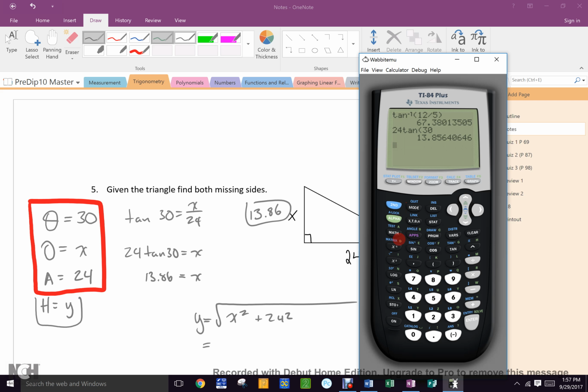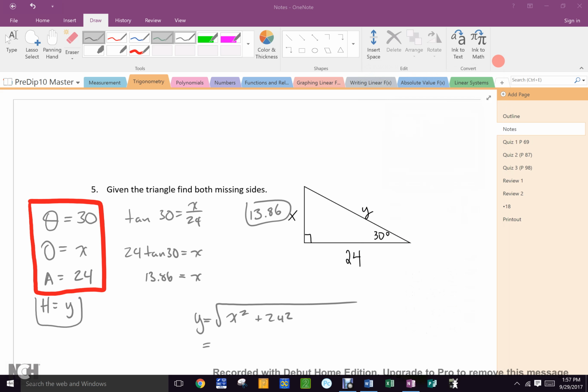So I just square what's on my calculator plus 24 squared equals 768. And then I square root. And what is my answer? 27.71.